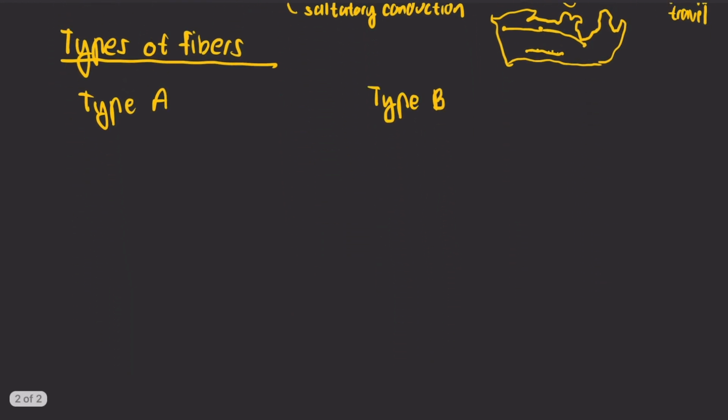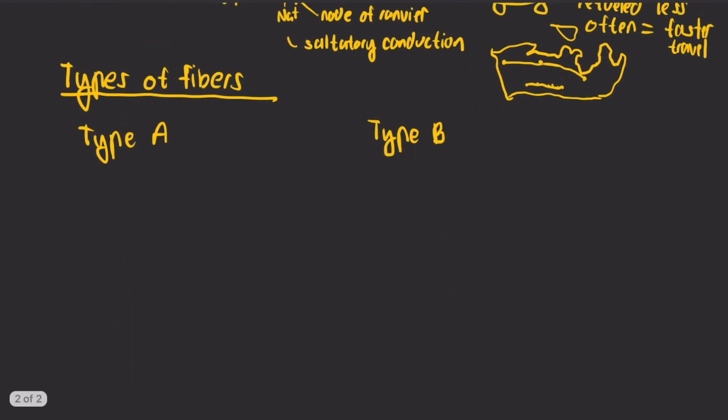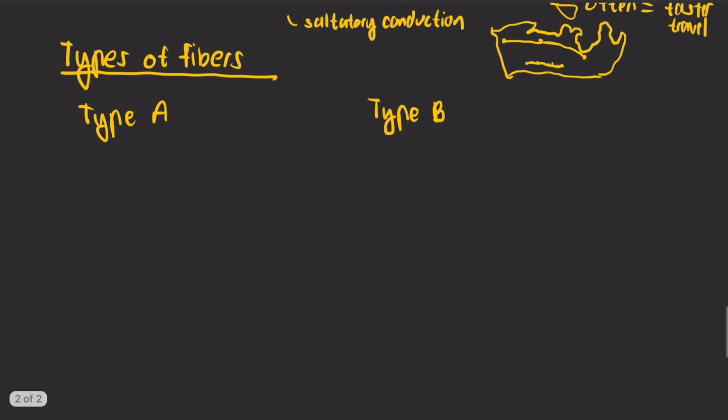These fibers will obviously affect our propagation. Now, which one do you think will have a larger diameter? It would be type A. So type A would have a large diameter.